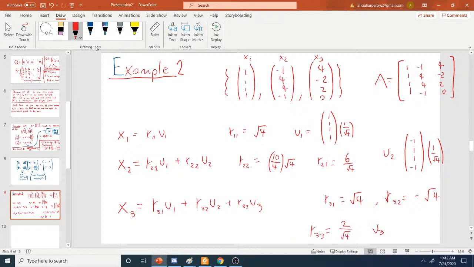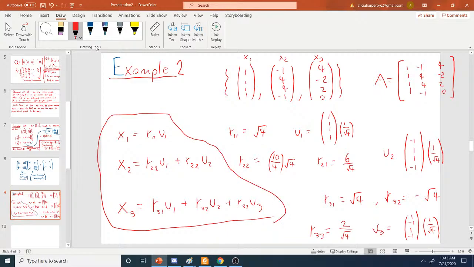And u3 was equal to the vector 1, negative 1, 1, negative 1 times 1 over the square root of 4. So I did all these computations last time when I was executing the Gram-Schmidt process. But now we can interpret them as giving a QR decomposition of the matrix A.